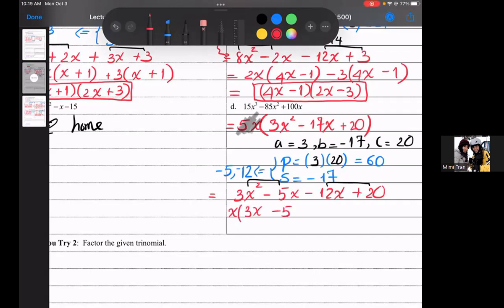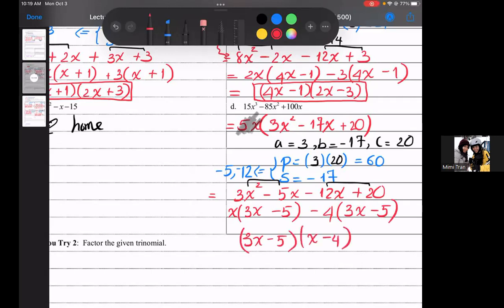Somebody else? Second group? Negative 5. Negative 4. You meant negative 4. That's okay. Thank you for speaking up. 3x minus 5, right? 3x minus 5 times x minus 4.